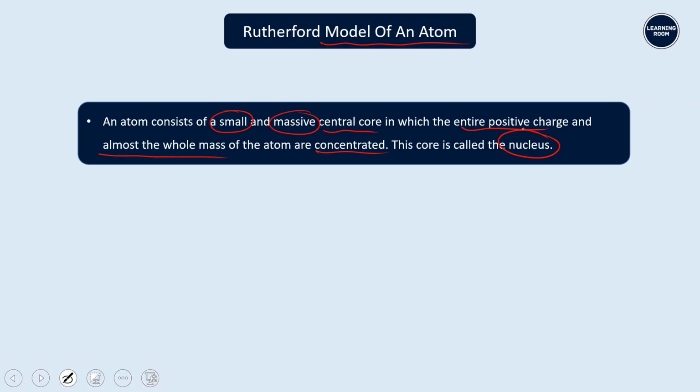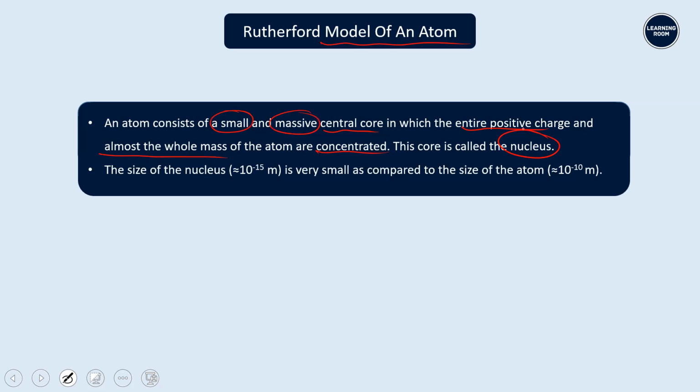The core is called the nucleus. The size of the nucleus is approximately 10 power minus 15 meter, which is very small compared to the size of the atom itself, which is almost 10 power minus 10 meter.